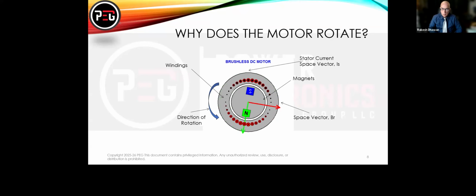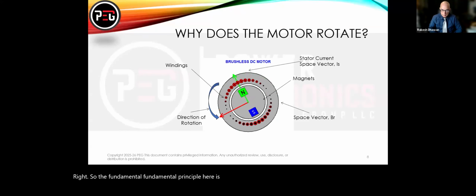Right. So the fundamental principle here is that a conductor carrying current experiences force.